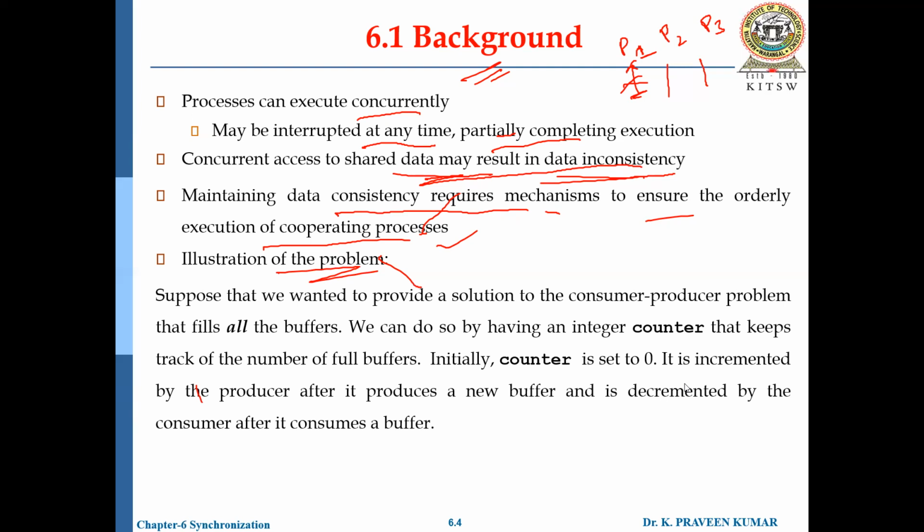Initially, the counter will be set to 0, as we have discussed with the help of a C program, and it will be incremented by the producer after it produces a new buffer, and is decremented by the consumer after it consumes a buffer. So there must be synchronization or cooperation between the producer process and the consumer process. That is more and more important. That is what we are going to study.